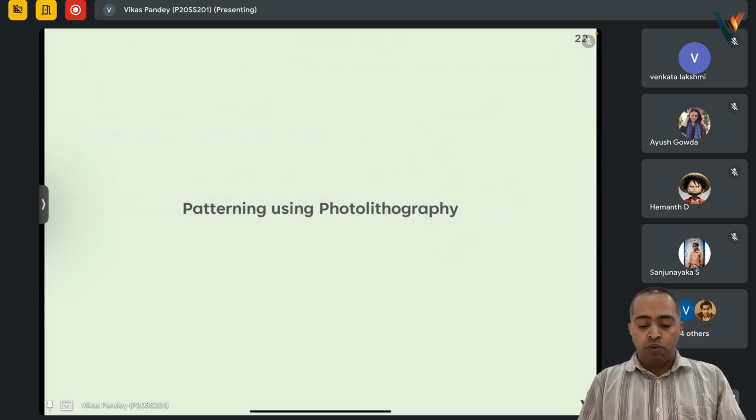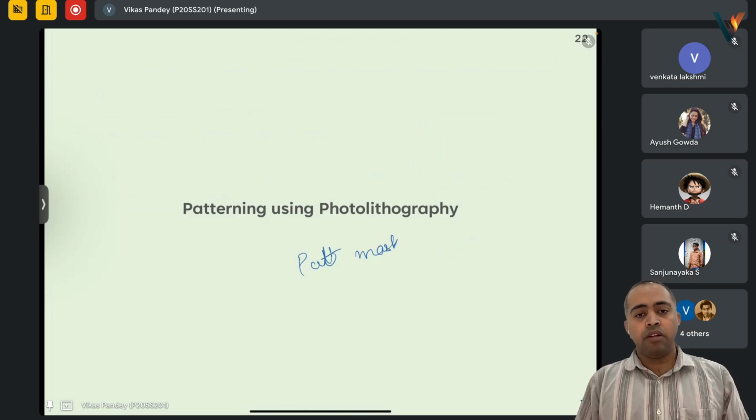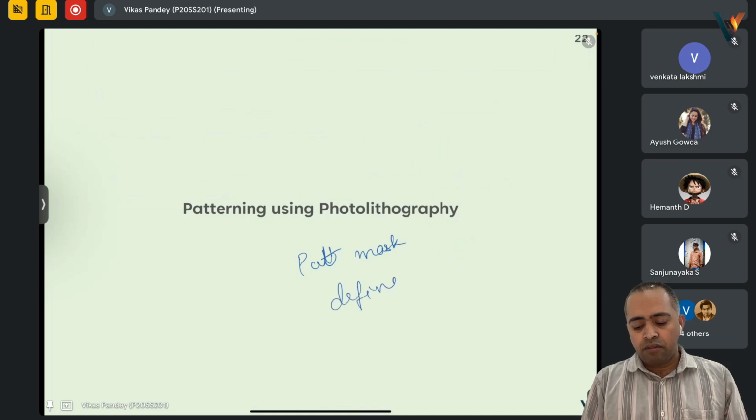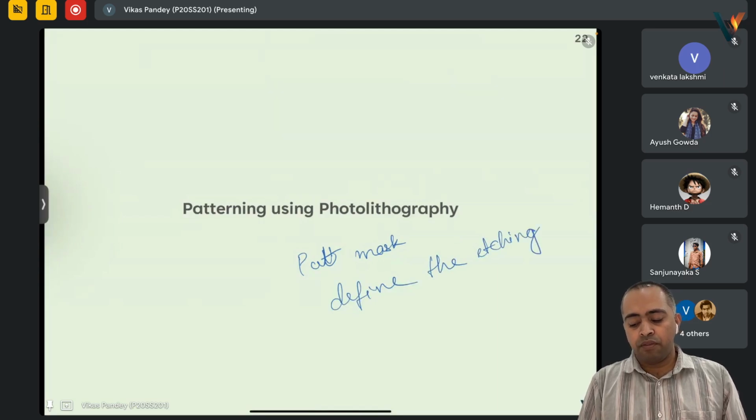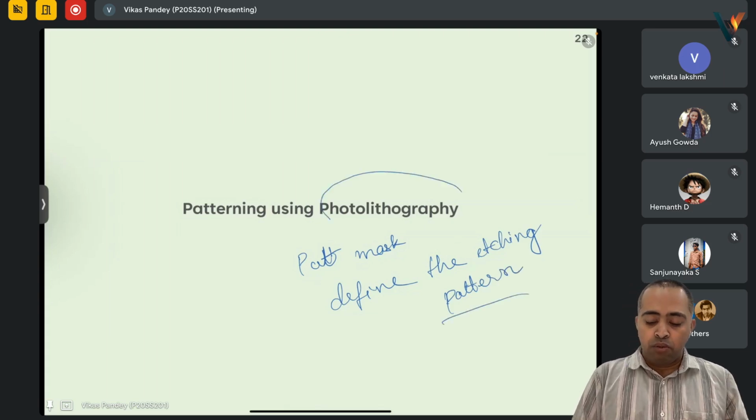We need to put a mask. That means we need to define the etching patterns. And how do we do that? We do that using lithography techniques.